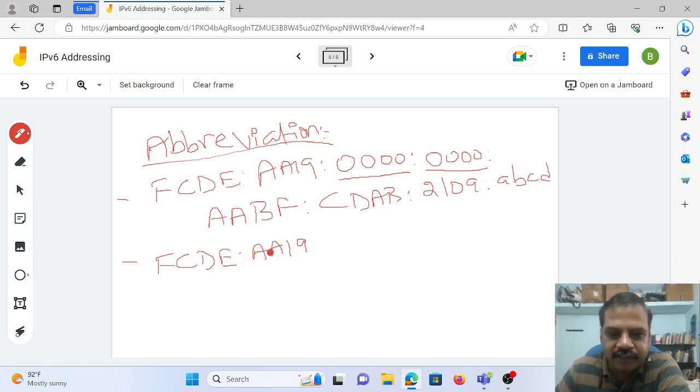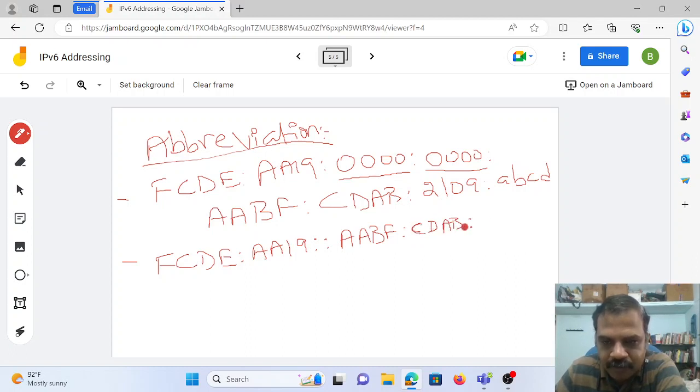So instead of writing the zeros, we can use double colon, and then continue with ABF, CDABF, 2109, and ABCD.